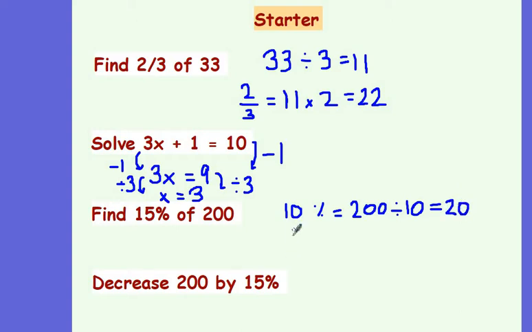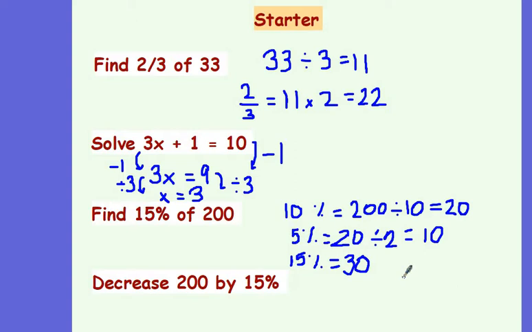Then to find 5%, I can just do 20 divided by 2, which gives me 10. And then if I add those together, that tells me that 15% is going to be equal to 30.